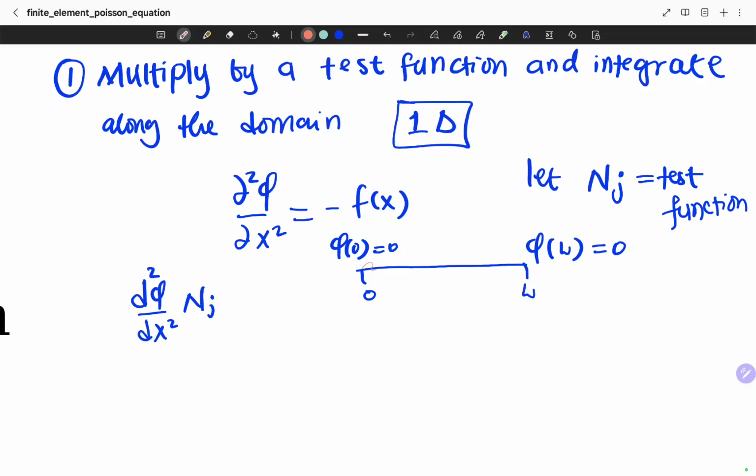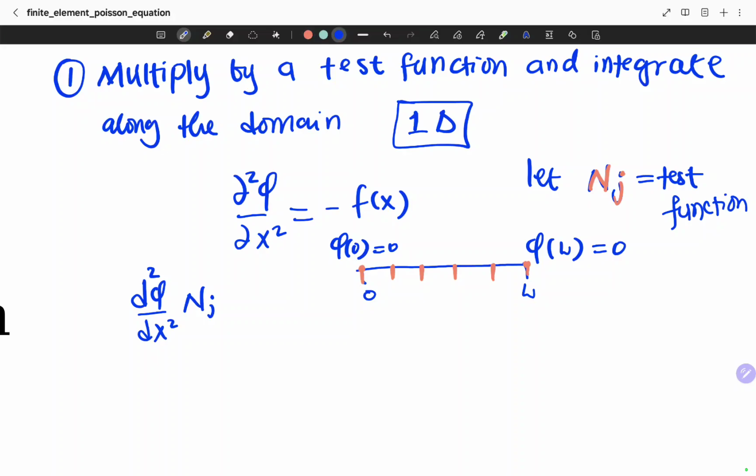So at node 0 and the last node, the potential does not exist there. It exists within the middle nodes, node 1, node 2, node 3, node 4, and all those nodes. So this nj is a function that would exist within these nodes and would be an approximate solution, we will see later.